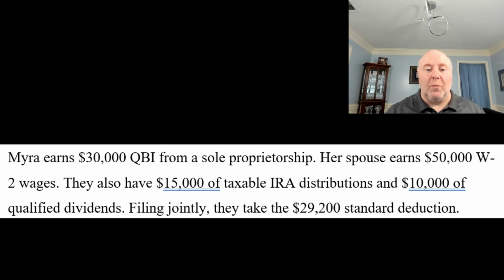Okay, so this one looks a little bit more complicated. Let's go ahead and calculate it. So we have 30,000 QBI plus 50,000 of W-2 wages, so we're at $80,000, right? We have 15,000 of an IRA distribution. Hey, IRAs, we put that money in, we get the tax deduction before, assuming this isn't a Roth, right?